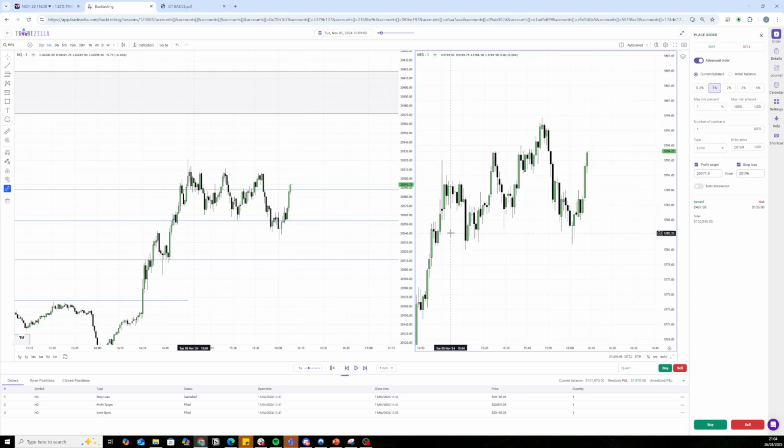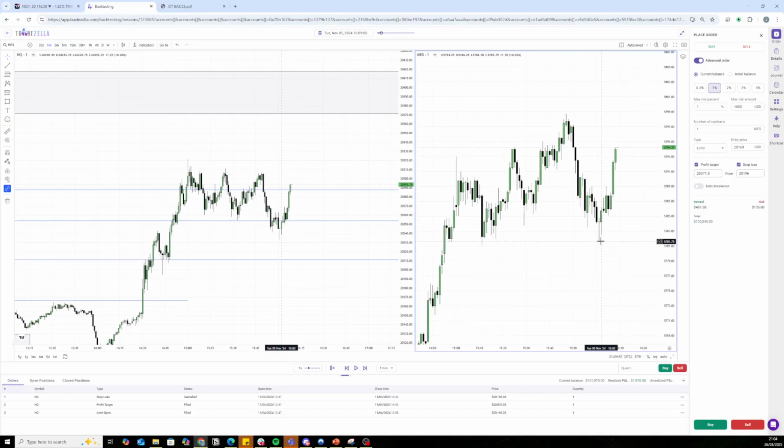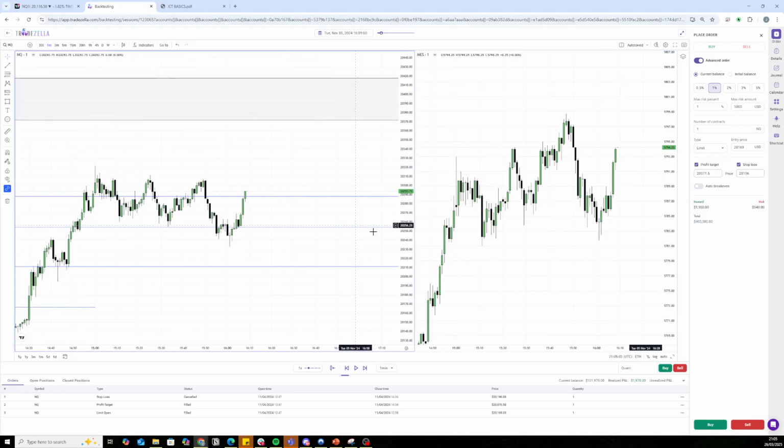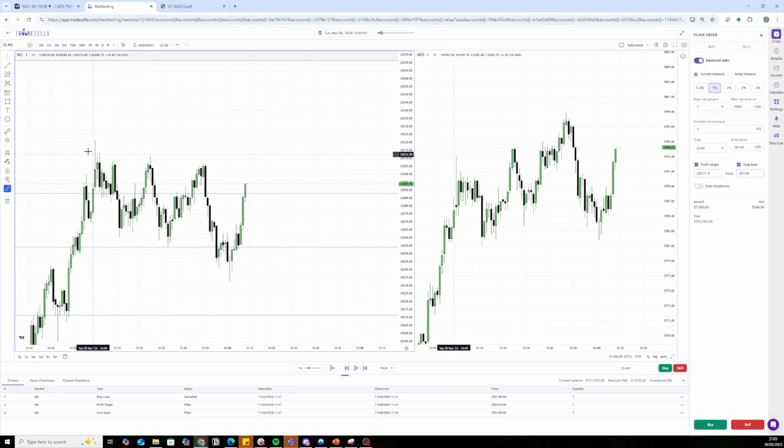Looking at this, is there SMT? Where's that candle? That candle takes like that. So yeah, this could have been an entry.